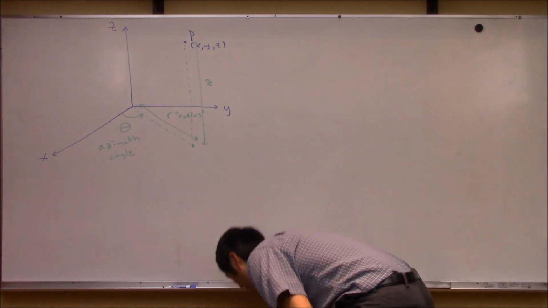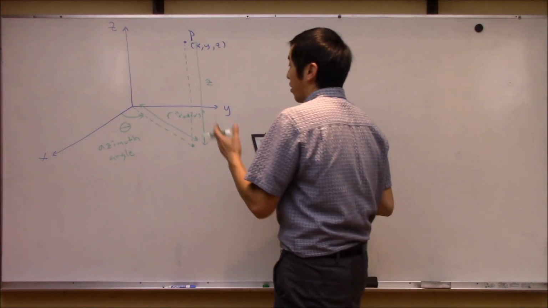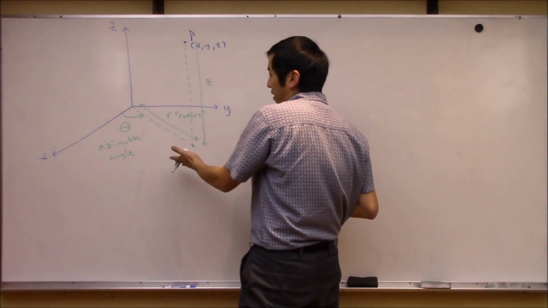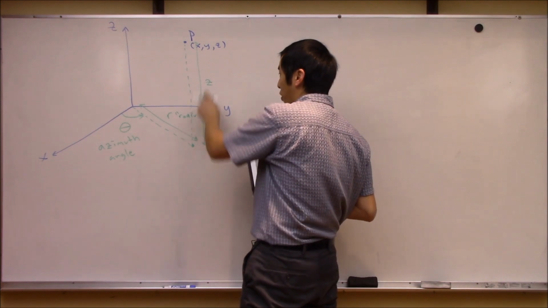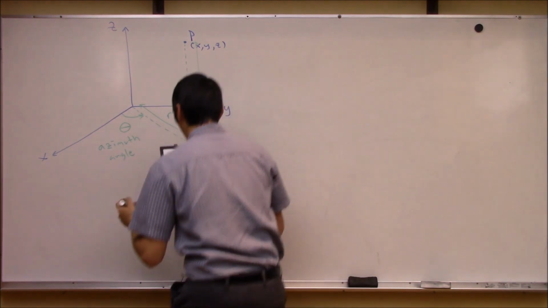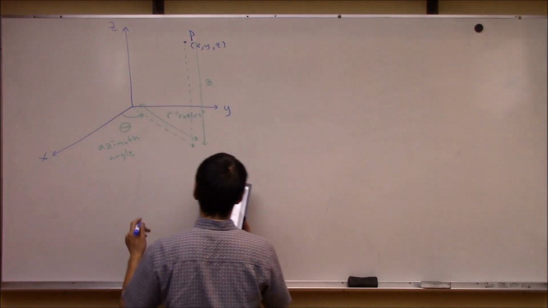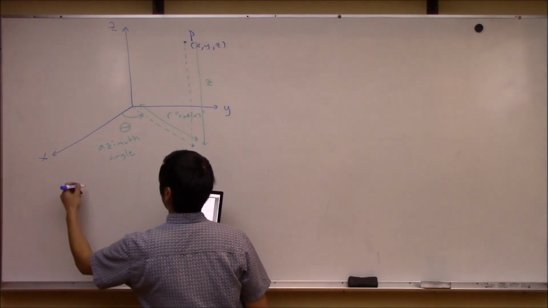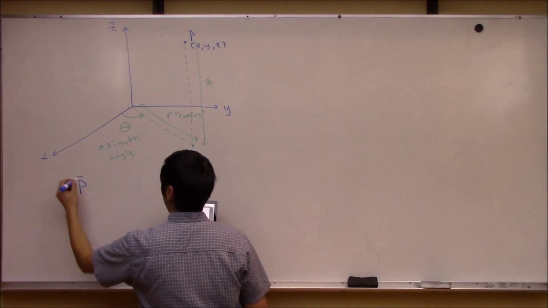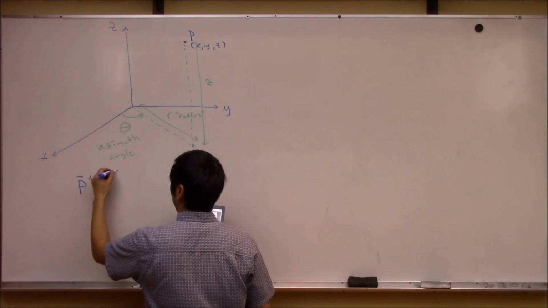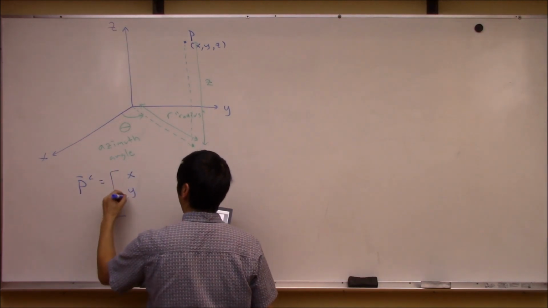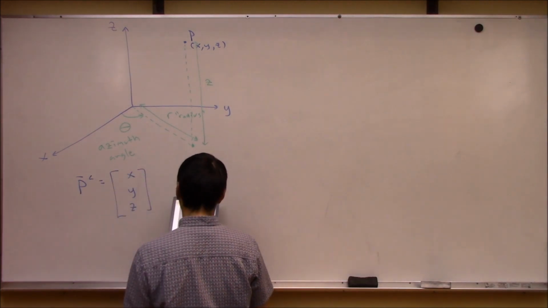So we see that cylindrical coordinates is basically just polar coordinates with a z-axis, okay? So let's write that down. In vector notation, the point P in the Cartesian system is just x, y, z, that we talked about earlier.